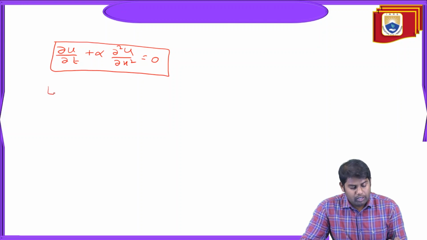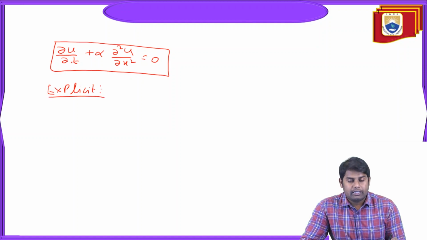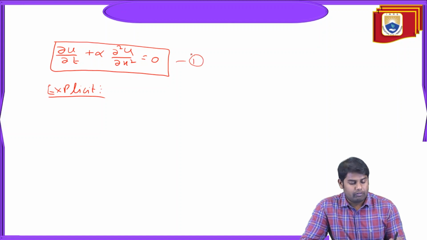We'll see what explicit actually is. In the explicit method, how do we discretize this diffusion equation? Let us take it as equation 1.